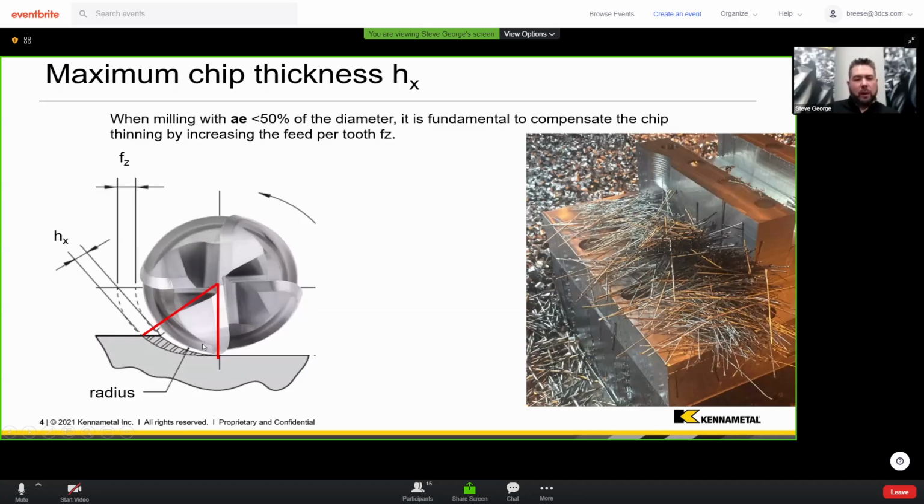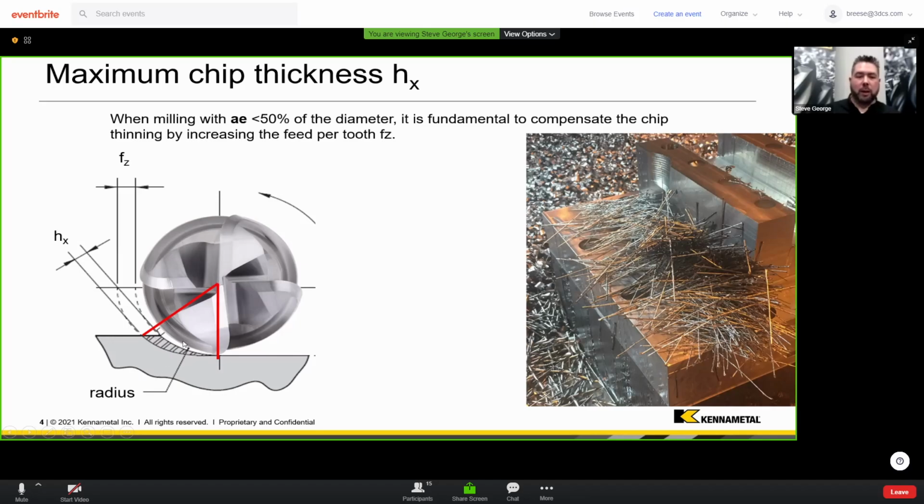So if I look at this diagram here, I've got an end mill, I've got a radial depth of cut, and I'm moving it at a certain feed per tooth, feed per revolution. In general, for this, I'm going to look at feed per tooth in terms of my uncut chip thickness. When we refer to HX, that's the maximum chip thickness.